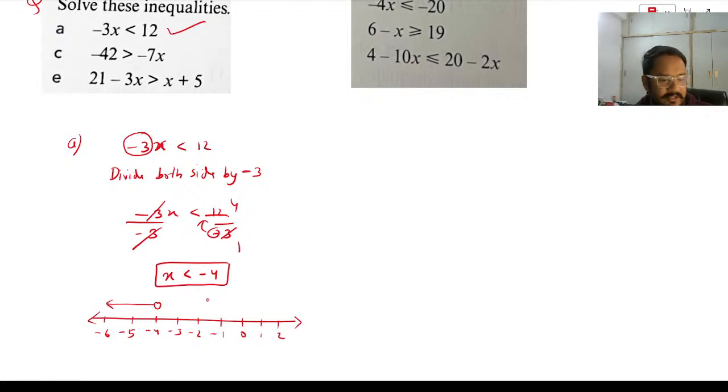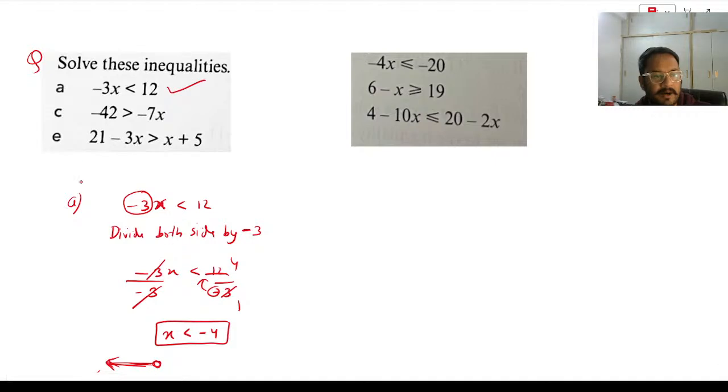Why this side? There is a reason: x is smaller than minus 4, so we send the direction of the inequality to the smaller side. So this is your answer. Done. Now let's solve the e part. The e part is somewhat difficult, so you can go through this e part right here.